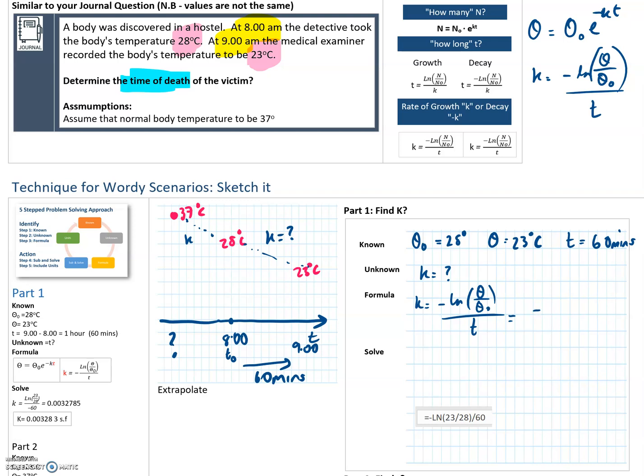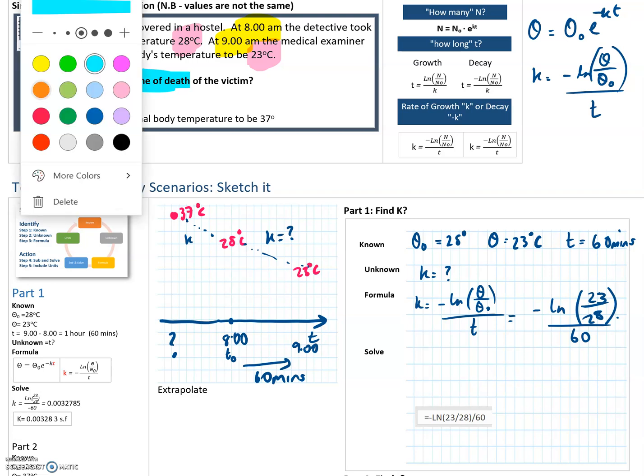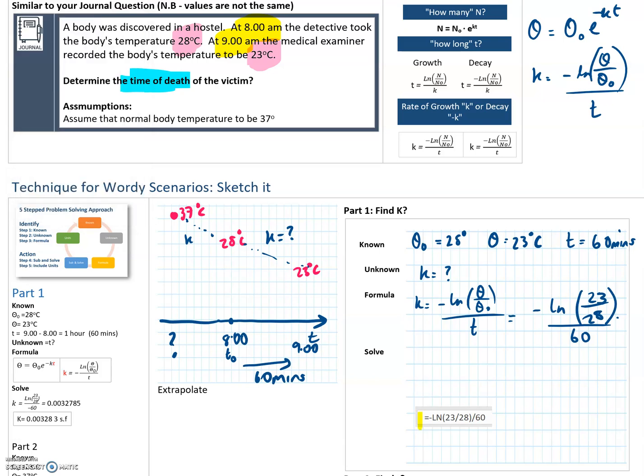So it's the negative log of 23 divided by 28, all divided by 60 for 60 minutes. When we work this out, you can do it using Excel. You can see Excel here. This is how you would type it directly into Excel, equals the negative natural log of 23 divided by 28, all divided by 60.